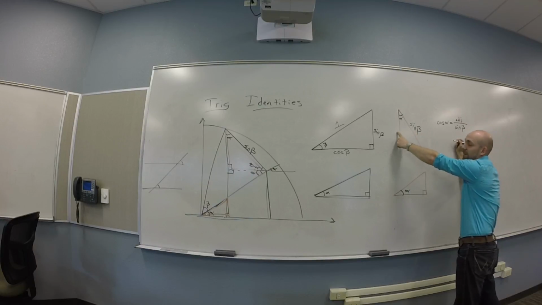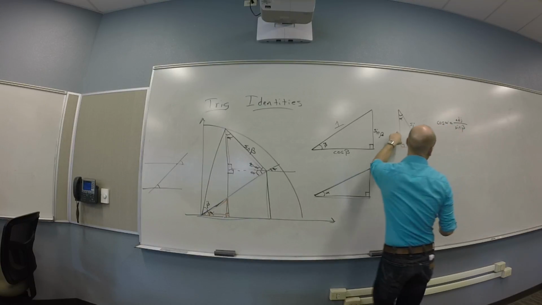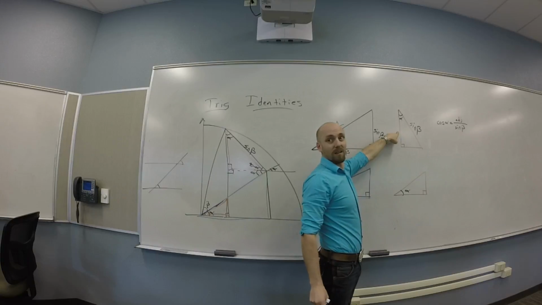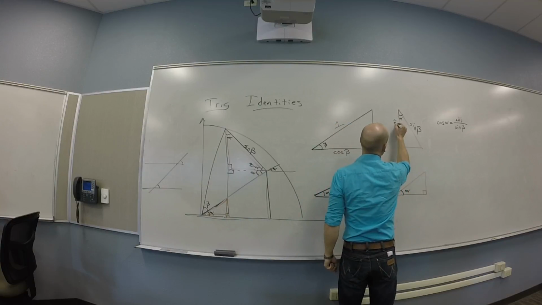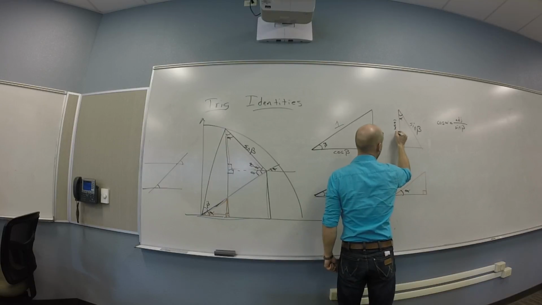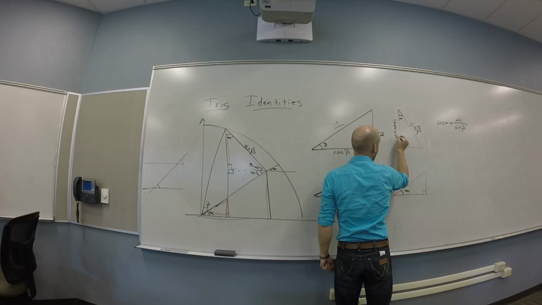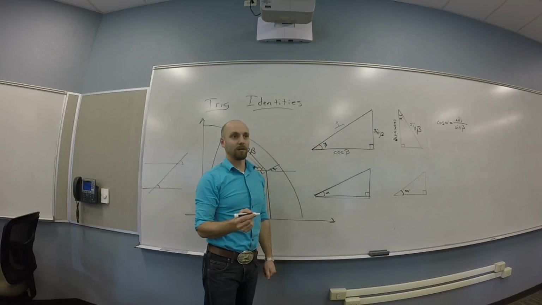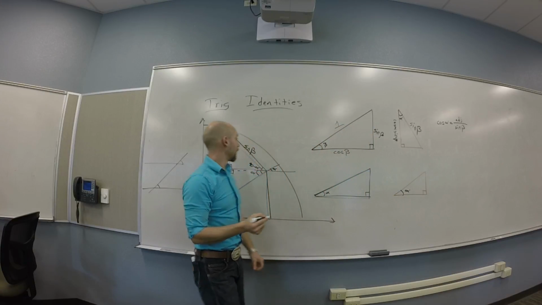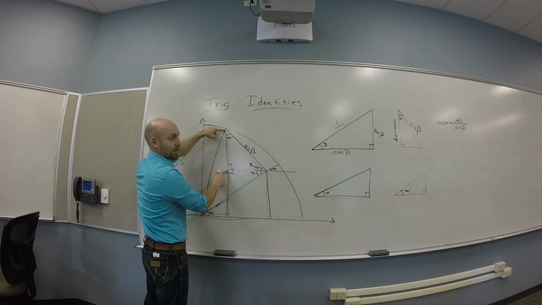So the adjacent side here on your purple triangle is how long? Cosine alpha times sine beta. Cool with that? So that's this vertical, right?